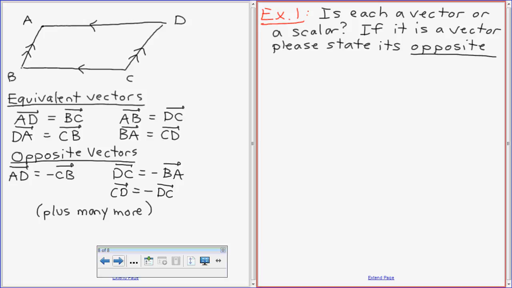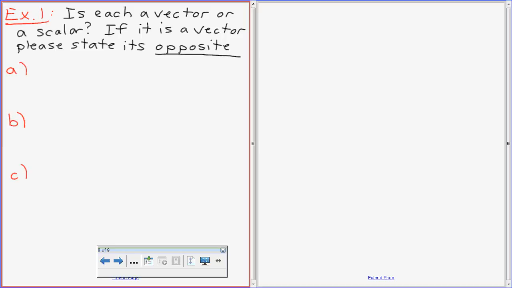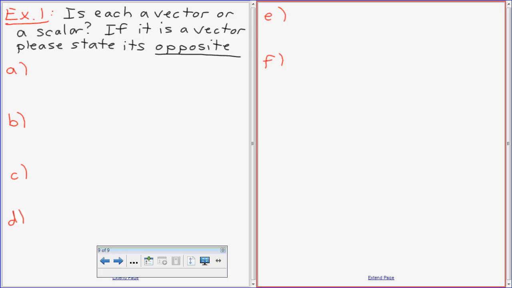Okay, so I'm going to give you a list of 8 scenarios here. You're going to tell me if it's a vector or scalar. If it is a vector, I want the opposite. If you need to draw a little diagram for yourself, feel free to do so. Is everyone done with this messy board here? We're all good. Anyone still need this one? That's a no? Okay, so I'm going to spread this out to give me some room here. So it's going to be A, B, C, D, E, F, G, and H. And then I'll hit pause in the video.